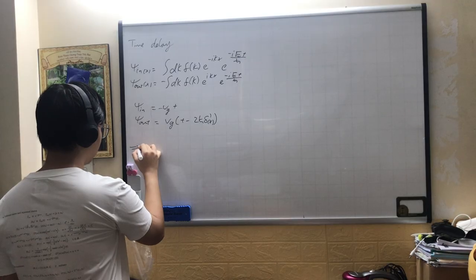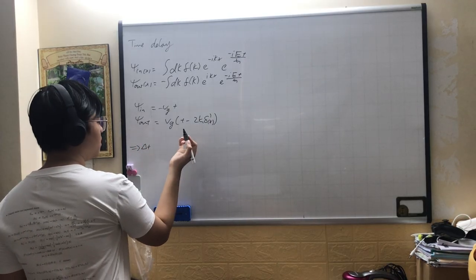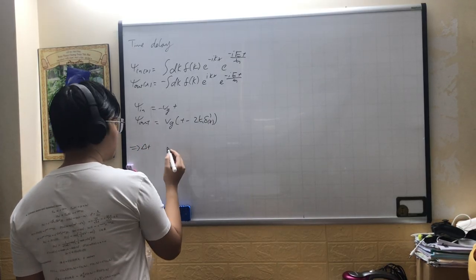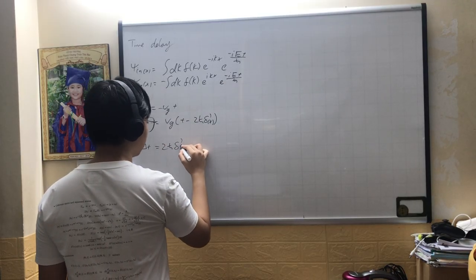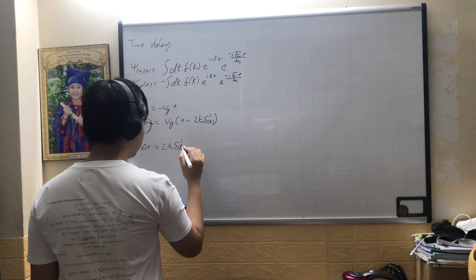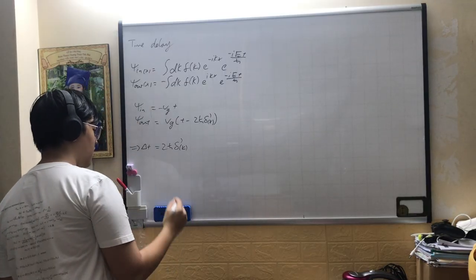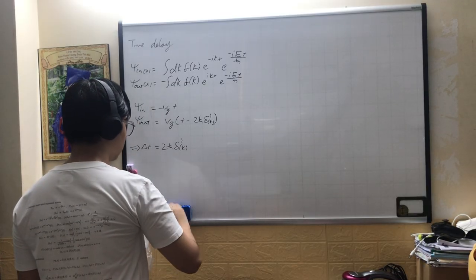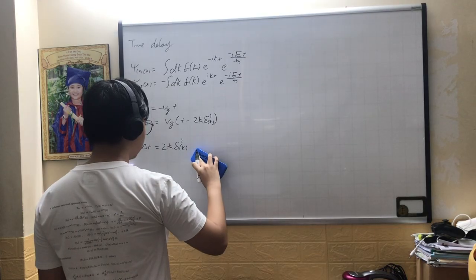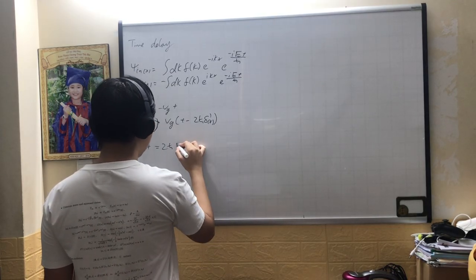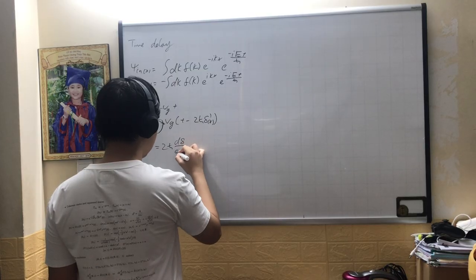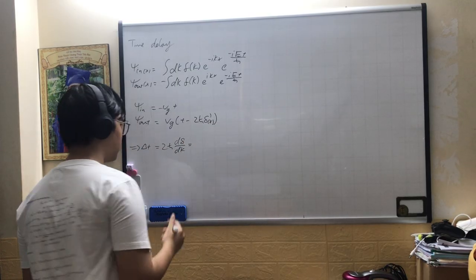Therefore, you can say that your difference in time, or the time delay, is equal to 2ħ times the derivative of delta with respect to k. Okay, I should just say d delta dk. That would be way easier to say. D delta dk.